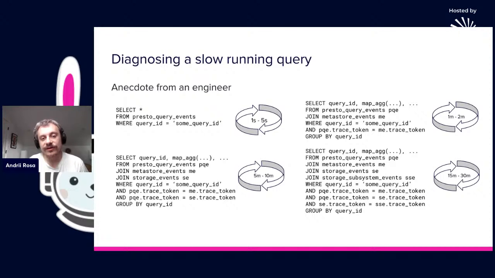Then an original query that used to run in just a couple of seconds, after I started joining all these additional data sets, could easily grow to run for 5, 10, 15, 20 minutes. And when your query runs for 10 or 15 minutes, it's difficult to iterate quickly to get more insights, for example to aggregate on different columns or to filter different things.